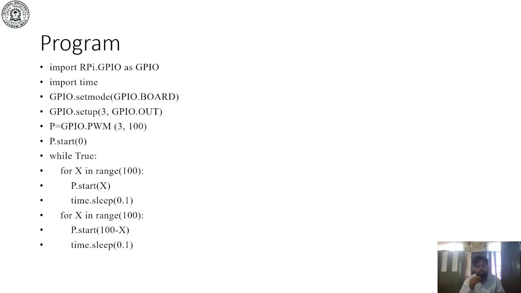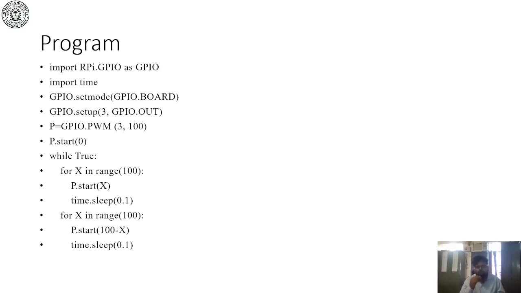The fourth line is GPIO.setup(3, GPIO.OUT). This means that we are using board pin number 3 for input and output, obviously for output. That's why we set up that board pin number 3 will act as an out pin, GPIO.OUT.